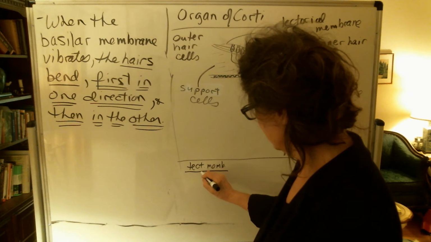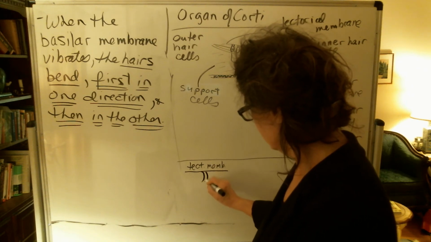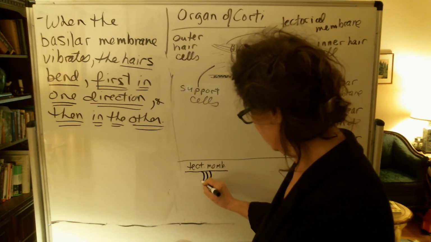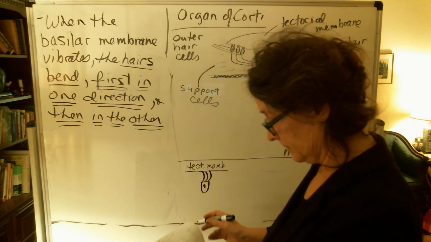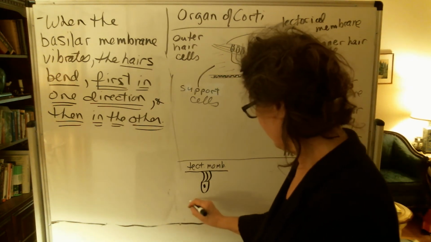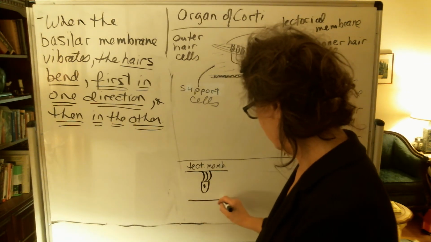Here you have a hair cell. Those hairs are bent in one direction. Here's our little friend, the cell. Here's the basilar membrane here.